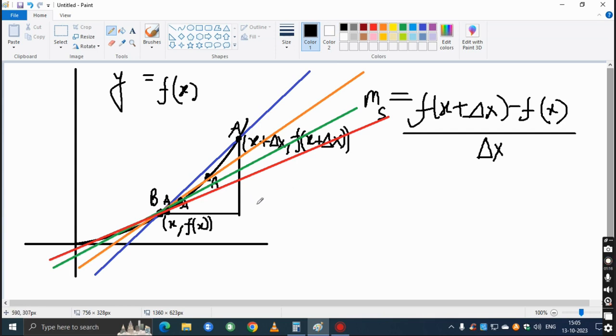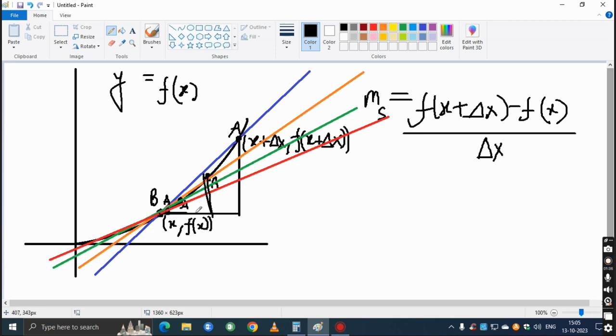Now what did I do? What process did I use to bring this A more and more closer to B? Well, I kept making delta x, that is this width, smaller and smaller. When point A was here and point B was here, this was the width.